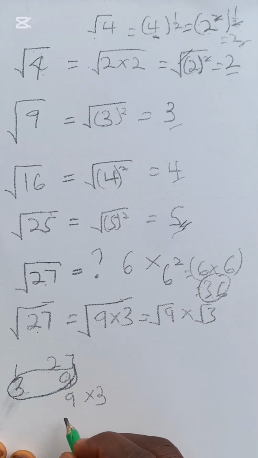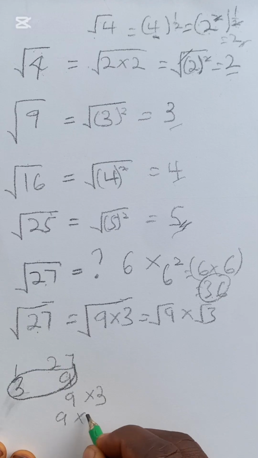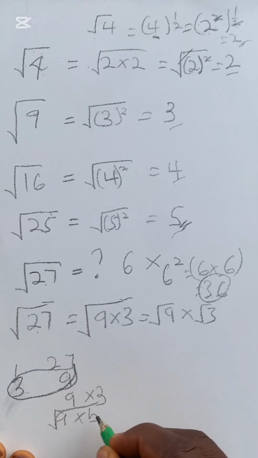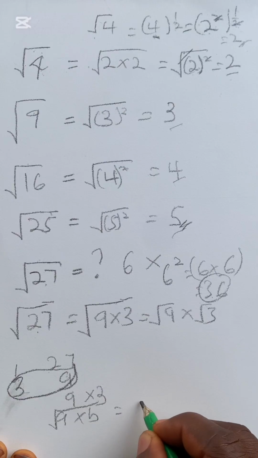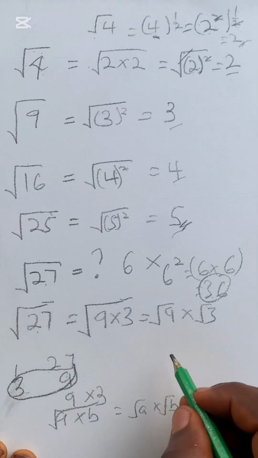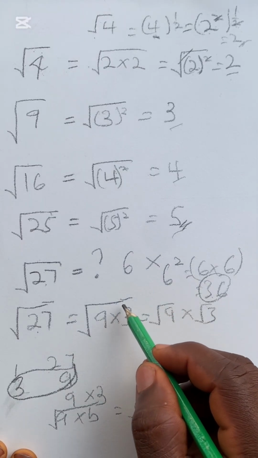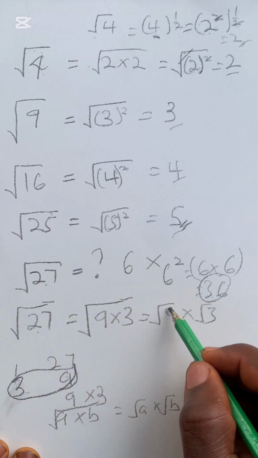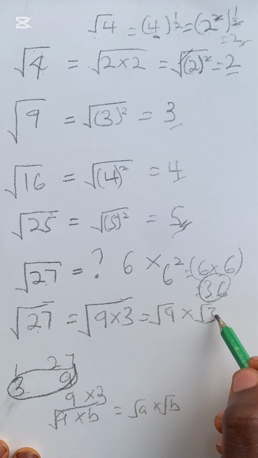As in, when you say A times B in a square root, it can be written as root A times root B.